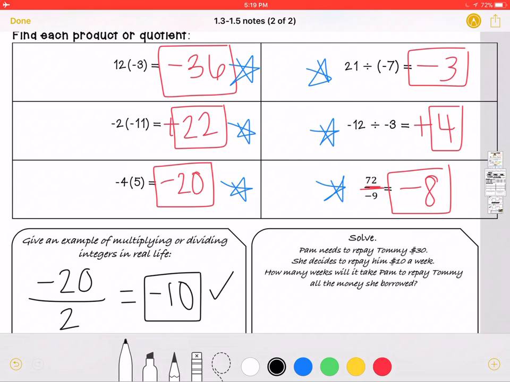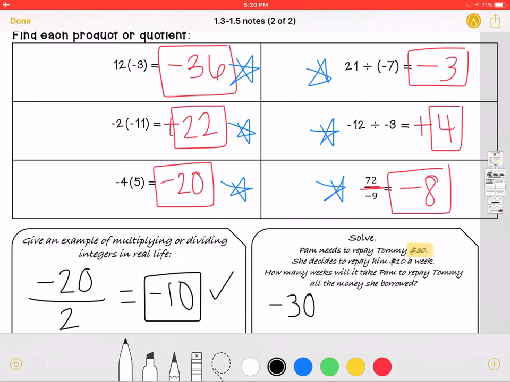This actual word problem to the right is going to be an example. Pam needs to repay Tommy $30. She decides to repay him $10 a week. How many weeks will it take Pam to repay Tommy all the money she borrowed? So if she borrowed $30, she's in debt to him $30. She owes him 30.